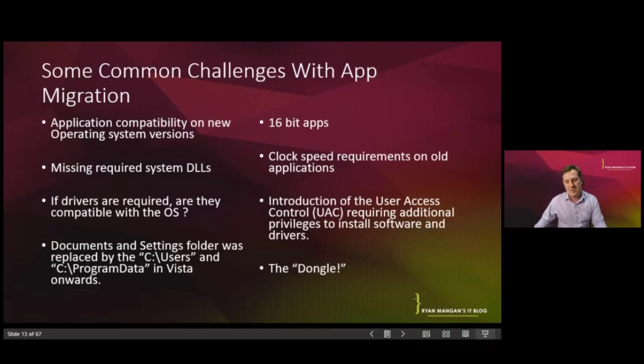And then the dreaded dongle, if anybody can remember them, where you'd have to plug this stupid card in the back on a parallel printer port or a serial port so you can open up an application, and that could be like some construction planning software or railway planning software, which you had to use a dongle for. Some of these applications are still out in the wild today. I think an application we were looking at the other day was a hybrid between 16 and 32-bit, which was roughly 20 years old.